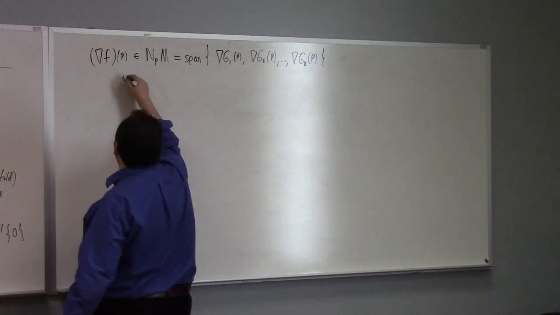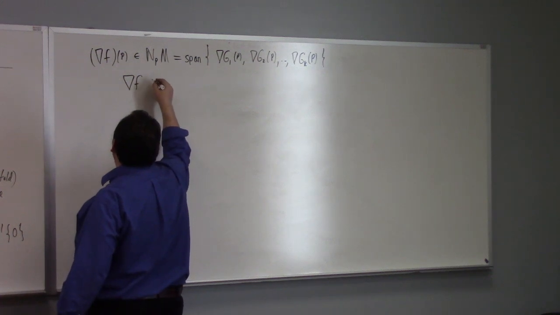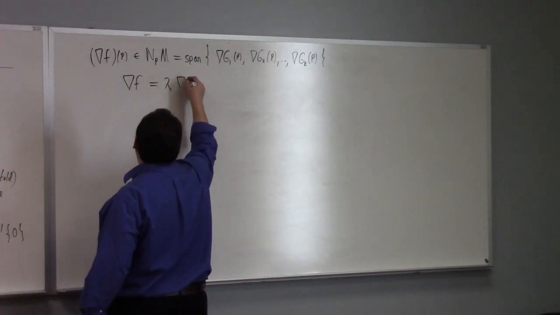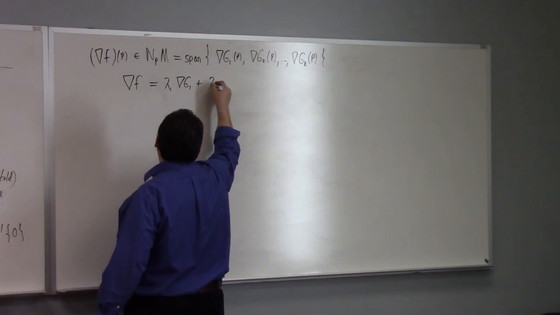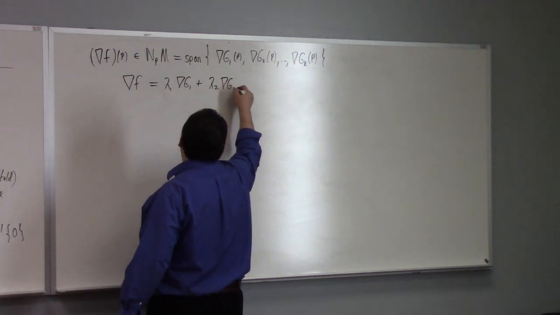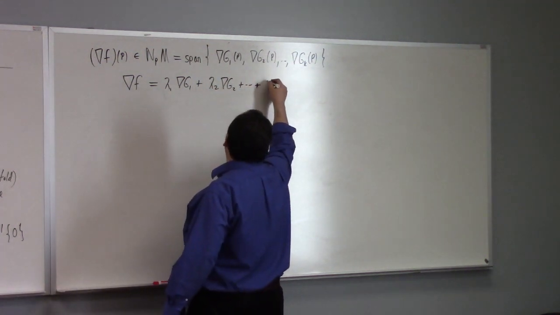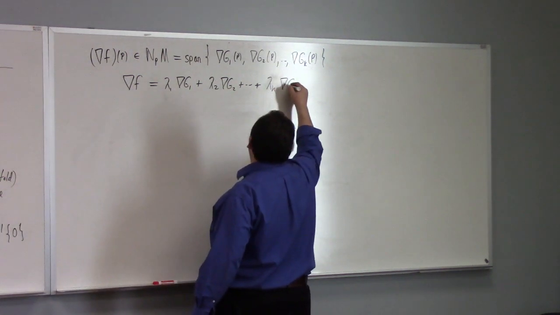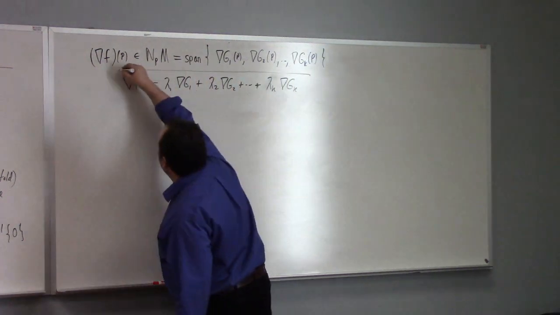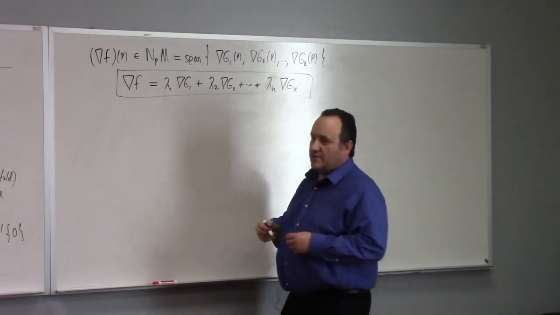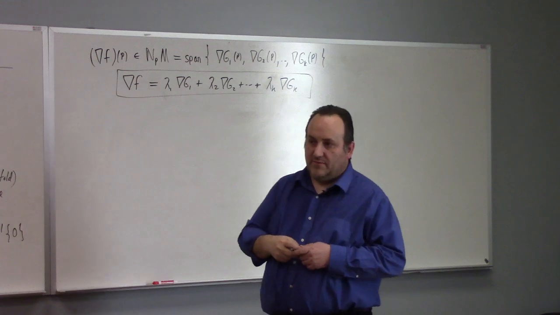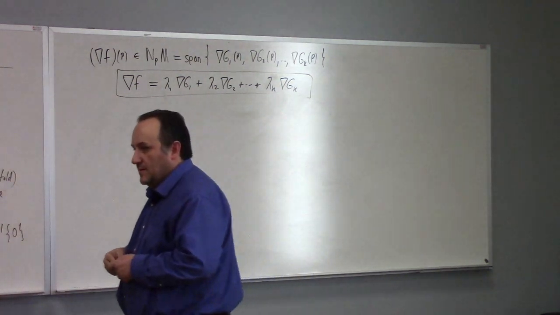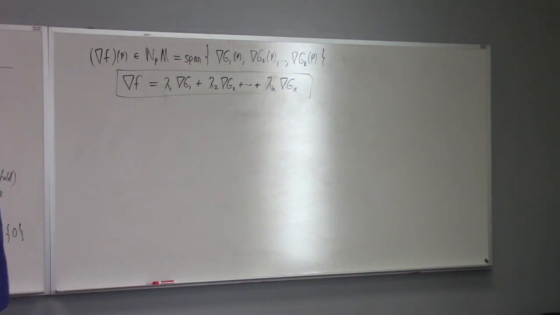That means that the gradient of f should be equal to lambda 1 times gradient of g1 plus lambda 2 gradient of g2 plus ... plus lambda k gradient of gk. These equations must be solvable if it is indeed an extremal point. These are the Lagrange multiplier equations.